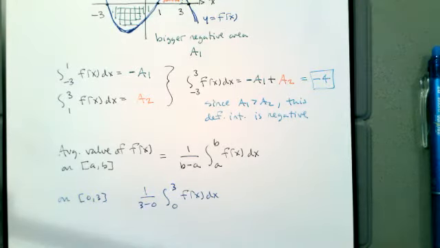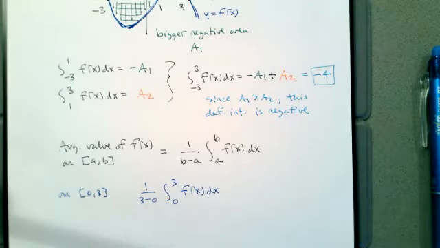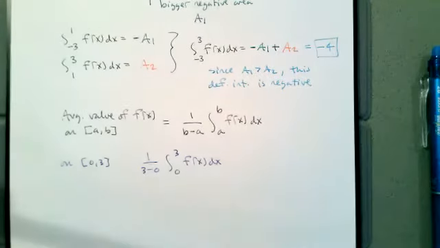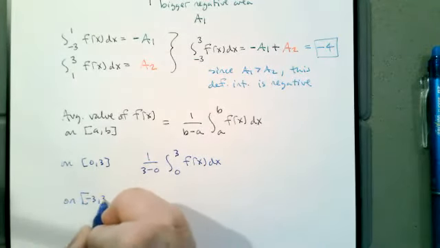Don't we want to use 3.5? Or did they tell us to use 3? No, this is which of the following average values is bigger, and it's between 0 and 3, or between -3 and 3. Oh, okay, got it. And then the average value on the interval from -3 to 3.